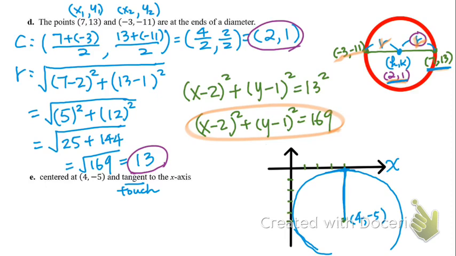This is a point on the circle, and it is also tangent to the x-axis. So this one will be the radius, isn't it? And what is this distance? This is the vertical distance, which is the y value. This number is -5, because we go down below the x-axis, but distance-wise, this is going to be 5. So the radius is 5.